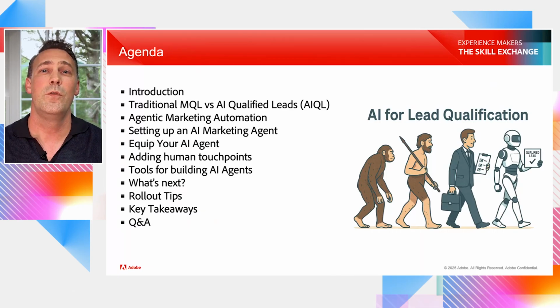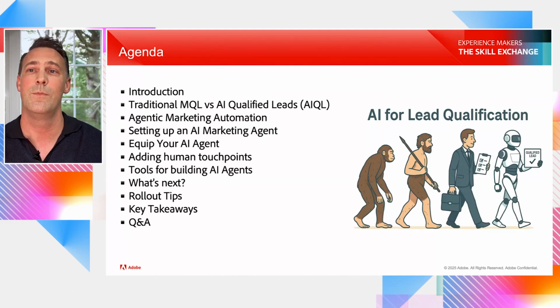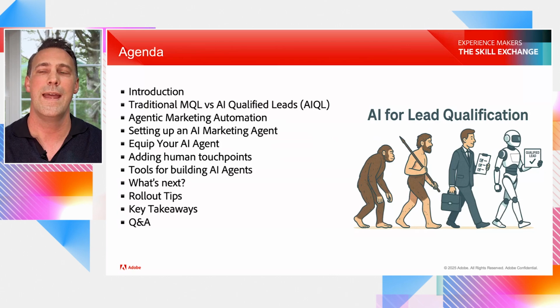Just a quick overview of what we'll cover today. We'll start with a quick introduction, then we'll dive into the differences between traditional MQLs and what we're calling AI qualified leads, or AIQLs. From there, we'll look at the concept of agentic marketing automation, what it means to move beyond static rules and put reasoning at the center of your process.